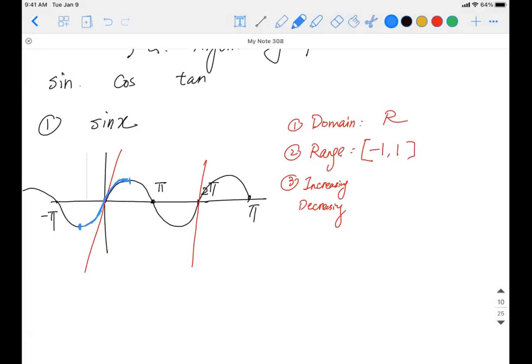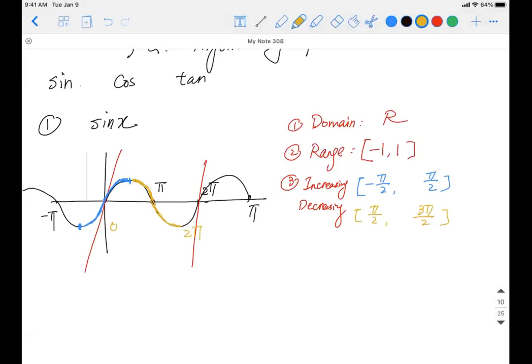So increasing is from minus pi over 2 to pi over 2. So far, so good. And decreasing is this part, from pi over 2 to 3 pi over 2. This is a decreasing function. Let's focus on one domain, one period.